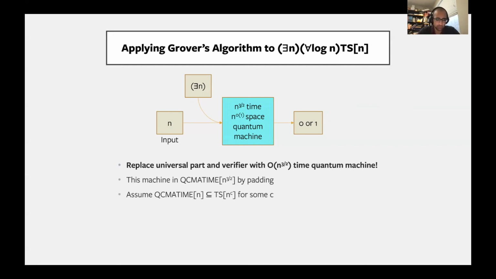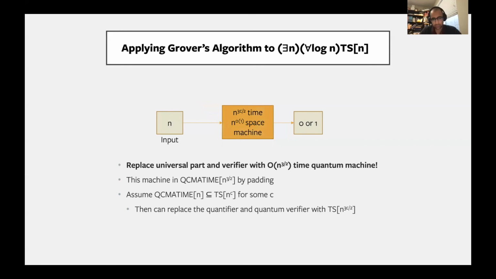And if we assume that Qcma time n is contained in TS n to the c for some c, then by padding, we can replace the quantifier and the quantum verifier with TS n to the 3c over 2, because Qcma time n to the 3/2, and then we multiply it by c because Qcma time n is contained in TS n to the c.